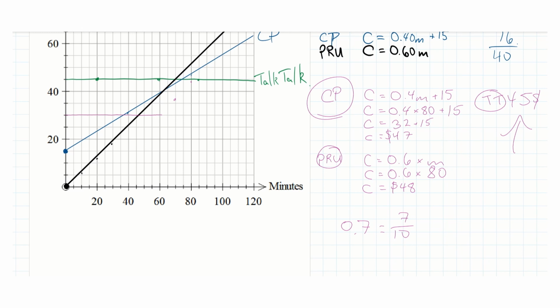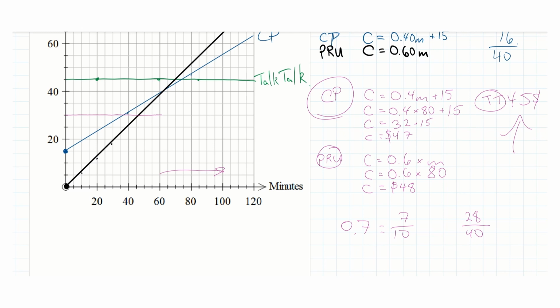I can keep doing that, or I could just choose a number of minutes to go over. So what if I moved over 40 minutes? How many would I have to go up? If I go over 40 minutes, then I would have to go up 28.